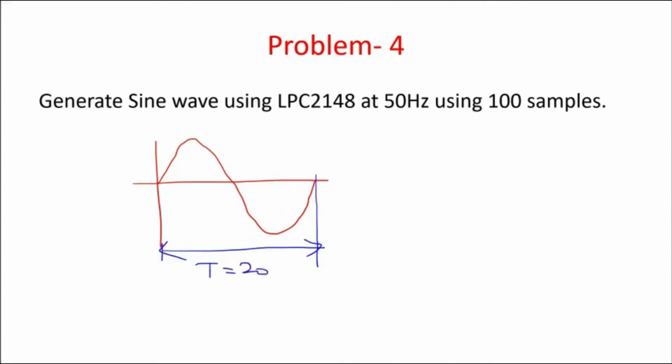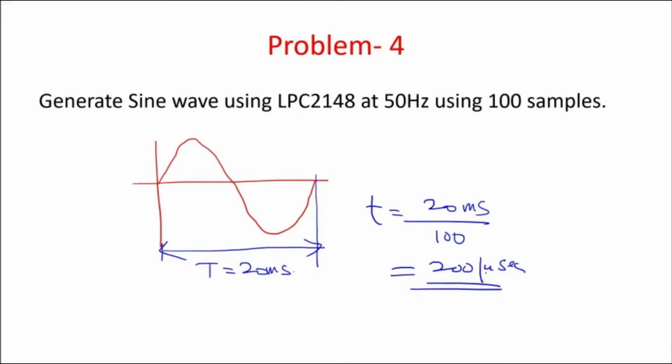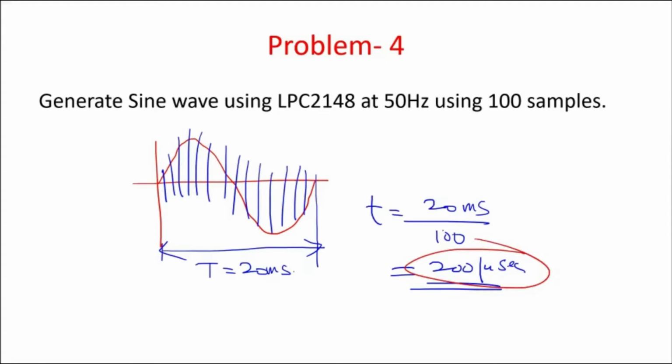Again, the sampling interval, the time for one sample, is equal to 20 milliseconds divided by 100 samples, which is equal to 200 microseconds. So we have to slice the signal into 100 samples, and between each sample, we have to maintain a delay of 200 microseconds.